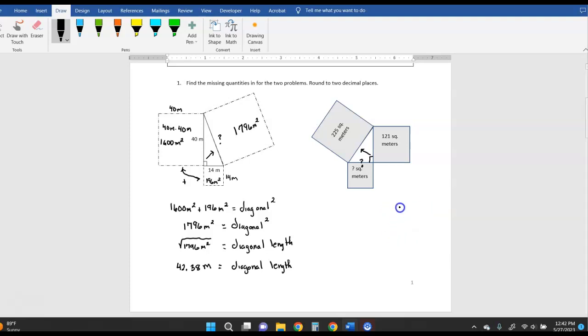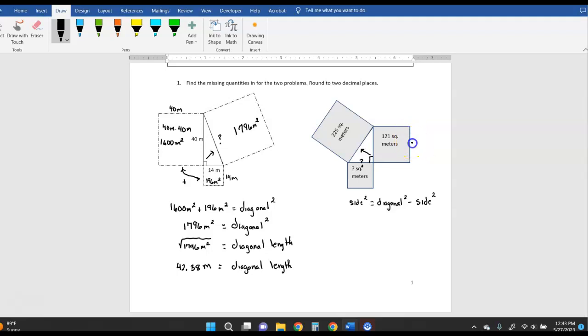So we know that one of the side squares is equal to the diagonal square minus the other side's area.